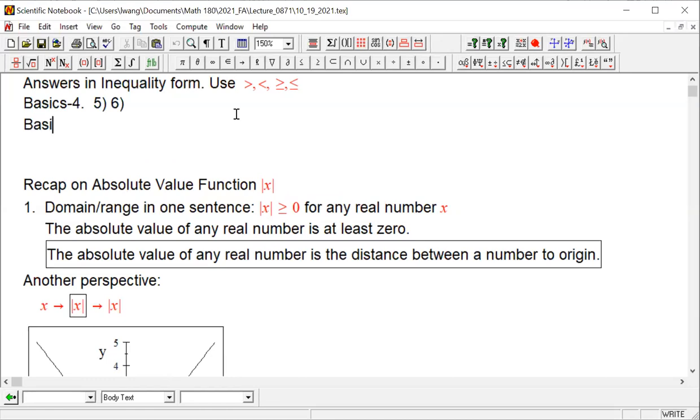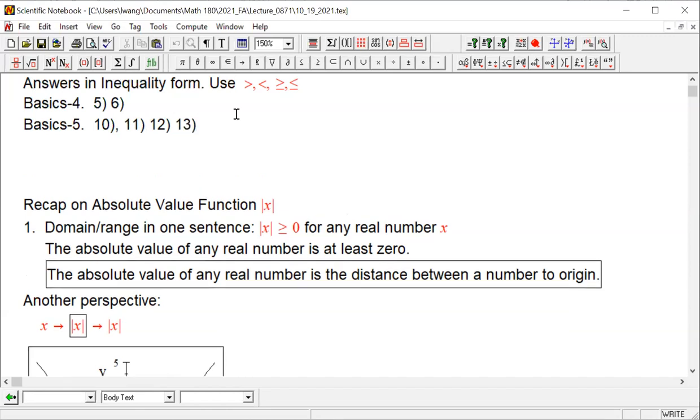On basic 5, how about 10, 11, 12, 13, 14?